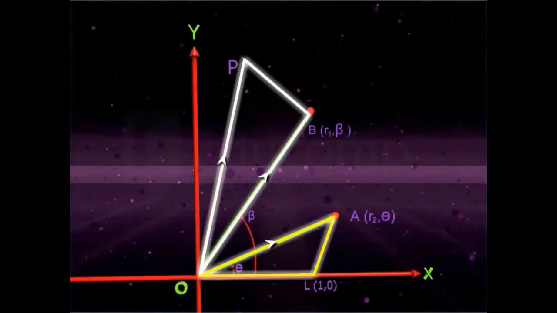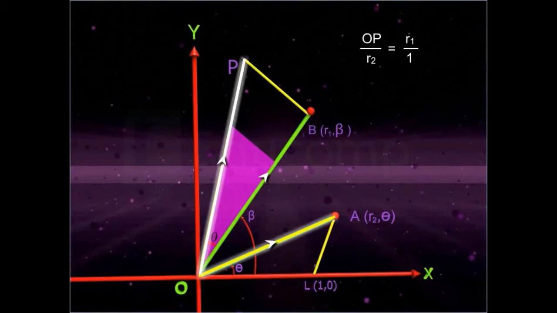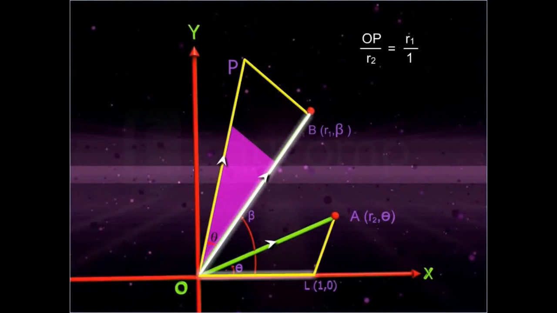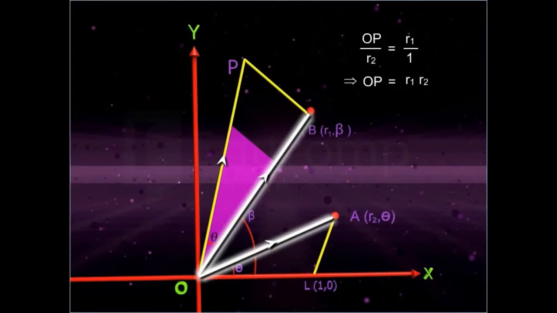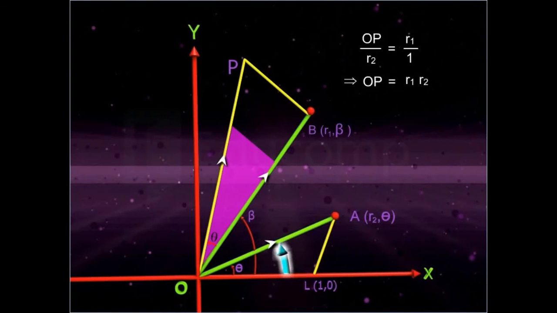Since these two triangles are similar, the ratios of corresponding sides of these triangles are also equal. Solving this equality of ratios for OP, we get OP is equal to r1 r2. Also, angle POX is equal to theta plus beta.